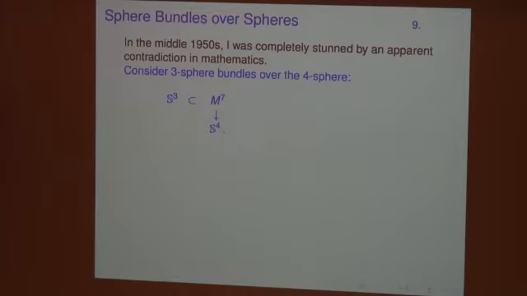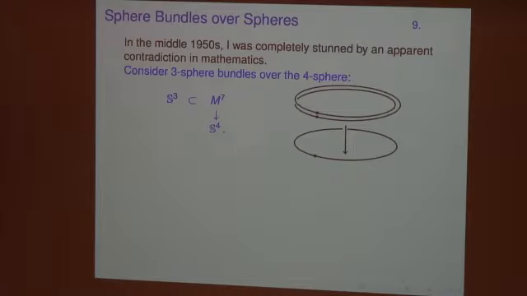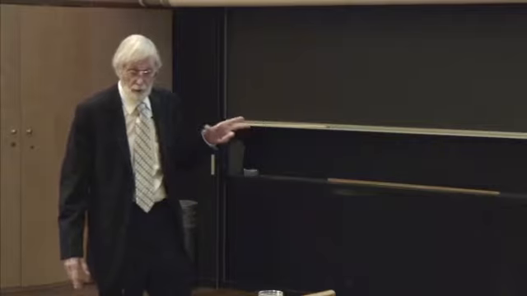I was very put out when I looked at some of these examples. I can't draw you a picture of a three-sphere bundle over the four-sphere, so I compromised and drew a picture of a zero-sphere bundle over the one-sphere.